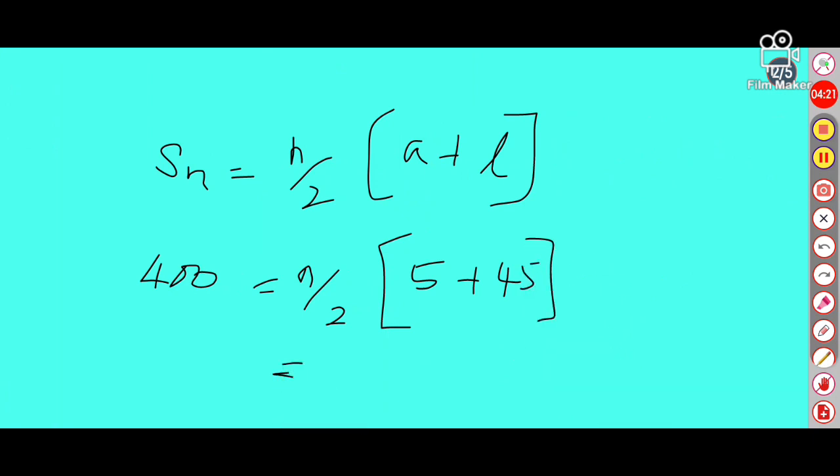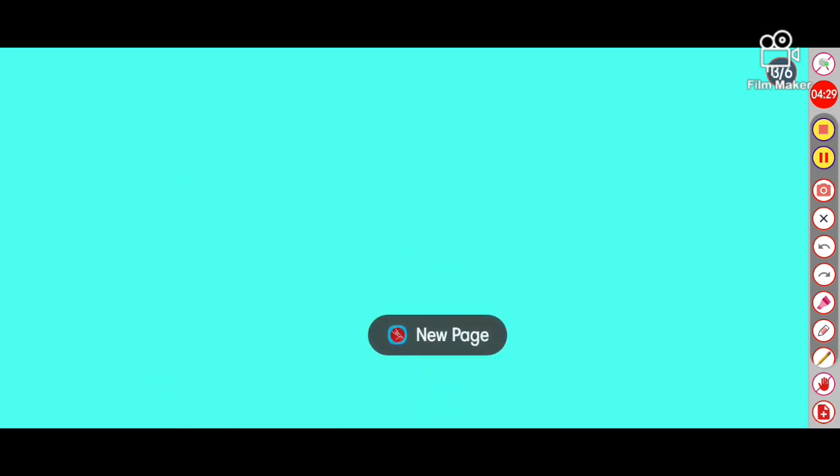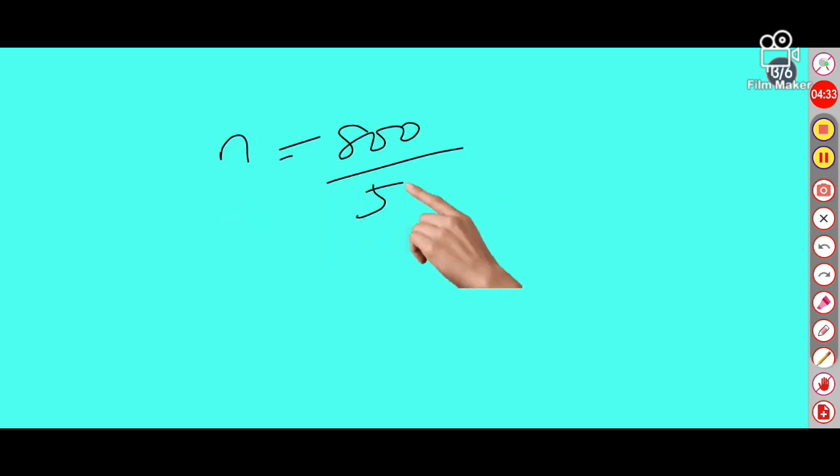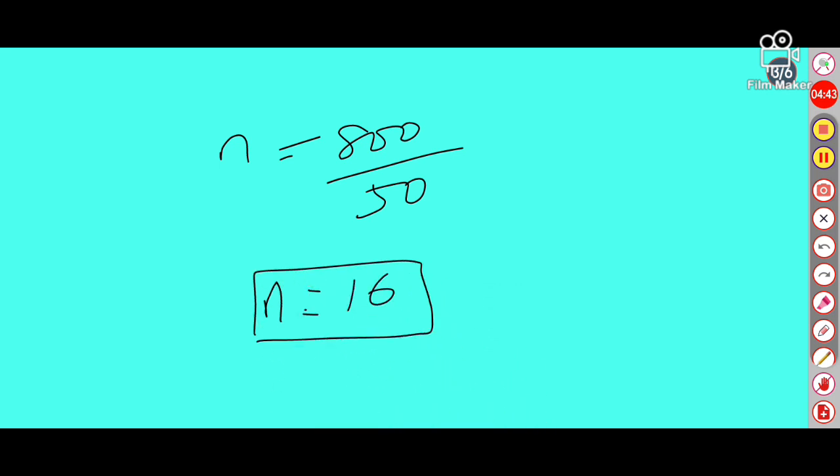So that is equal to 50n by 2, that is 800. So n equals 800 divided by 50. So that is 16. The value of n is 16.